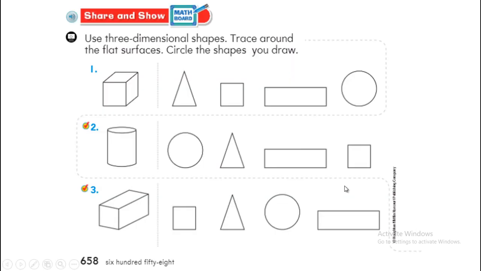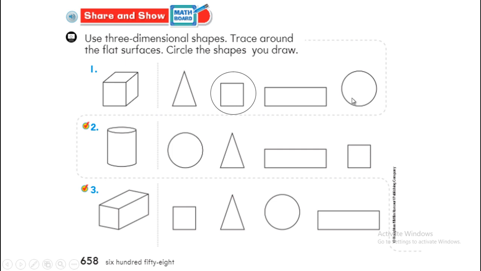Now the first question. Use the 3-dimensional shapes. Trace around the flat surface that is on the 3-dimensional shape to find what shapes you can draw. I have here a cube. When I look at the first face, what can I see? How about the second face? The third face? The cube has all the faces squares, so I can find a square on it.